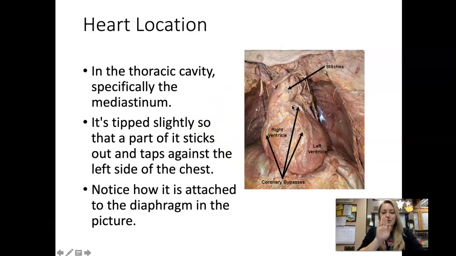Your heart is not straight up and down. It is tipped just slightly, and it points toward the left. So again, left from the perspective of the patient, so out this way. Also notice that it is attached to the diaphragm. Here is all the diaphragm stretched here and through here.